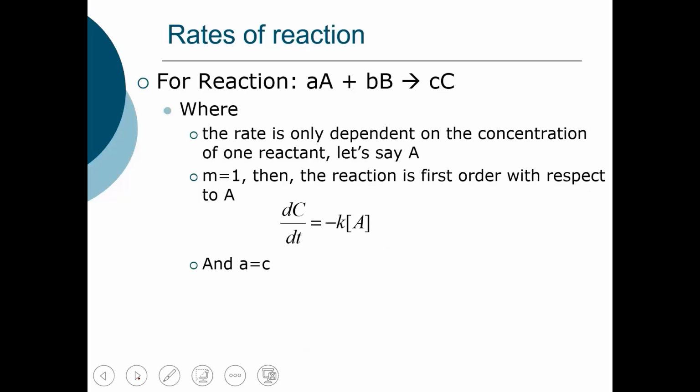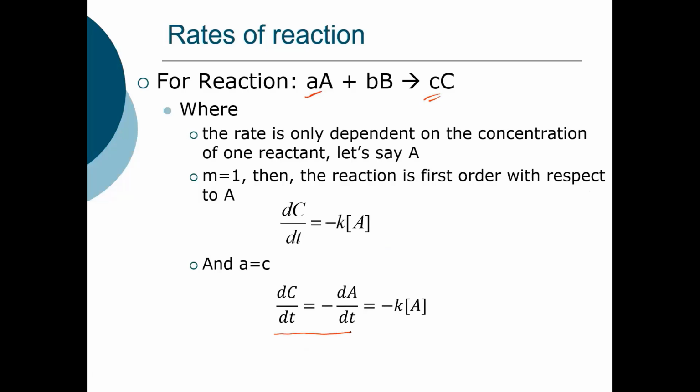Now, if A here is equal to C, then the rate of change in C is equal to minus the rate of change in A. So as C increases, A is decreasing in a proportional amount.